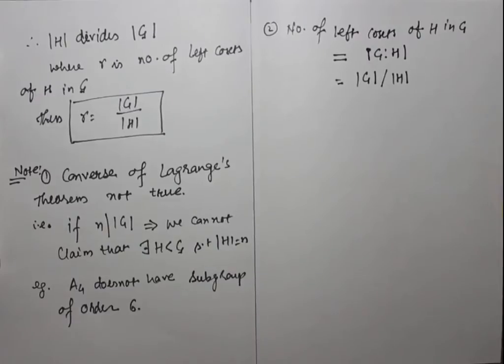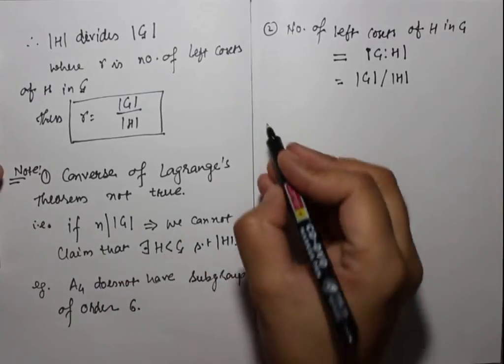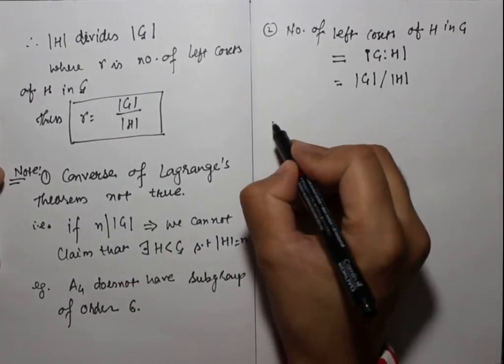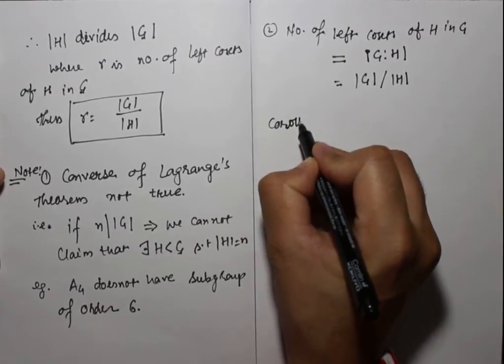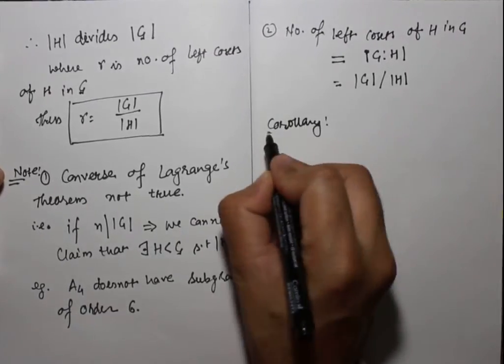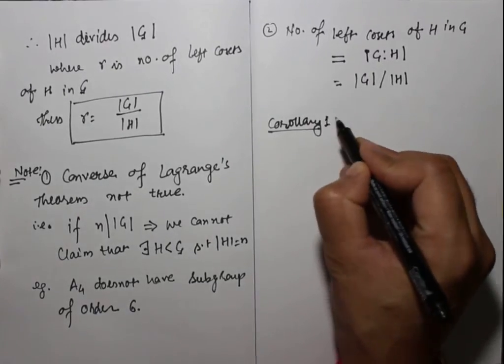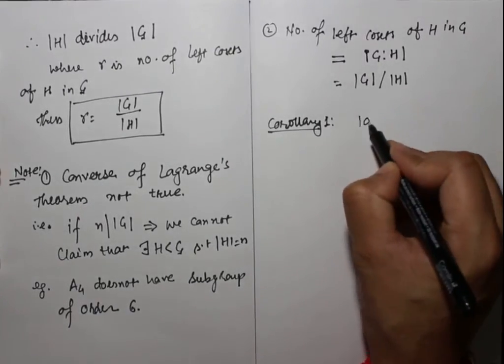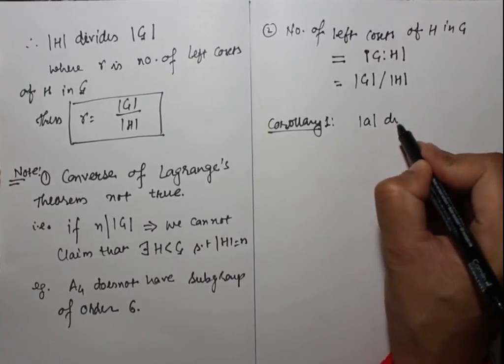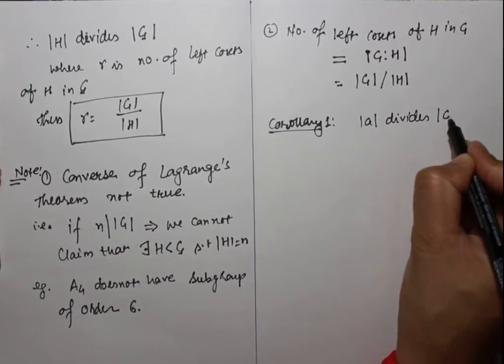Now some corollaries of this theorem. All are most important corollaries. First corollary, the order of an element divides the order of the group.